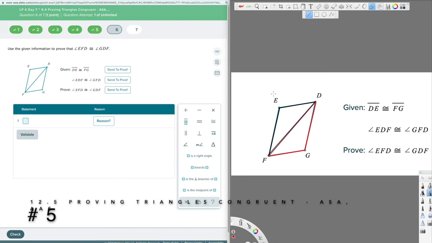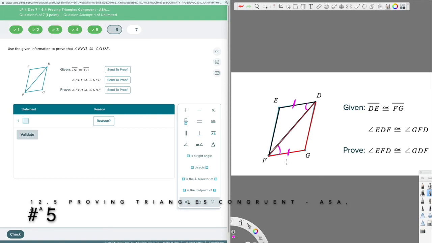So we're kind of moving a little past just proving triangles are congruent here. So let's go ahead and mark up our diagram. So we have DE is congruent to FG, and then we have angle EDF is congruent to angle GFD. So this is another one.